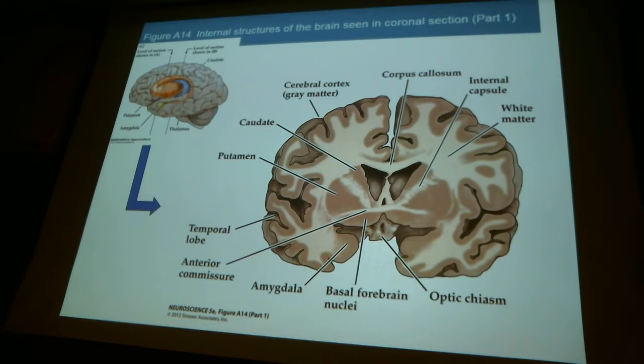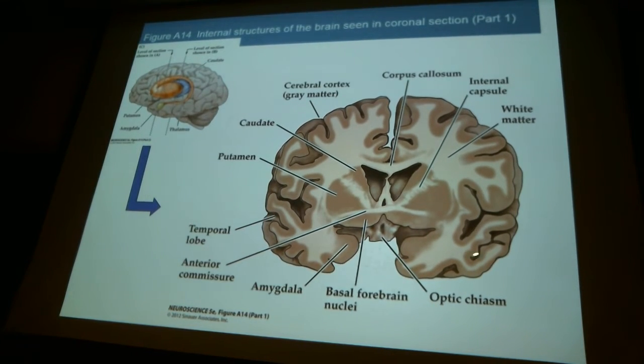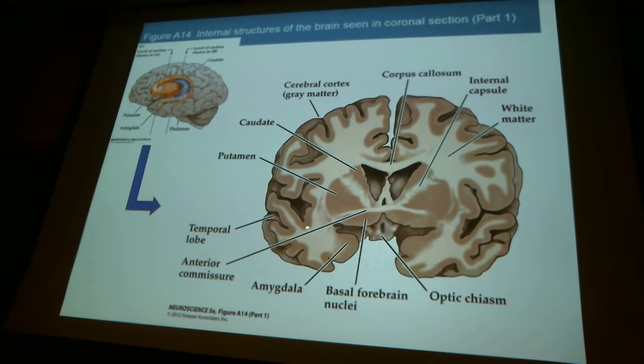All right, so here's a cutaway through this more anterior section. You remember this. Come back to haunt you. But you get a second chance at it. All right, so again, this is all the folds of the cortex, and the tan here is gray matter, and then the whitish is white matter. You know all that.